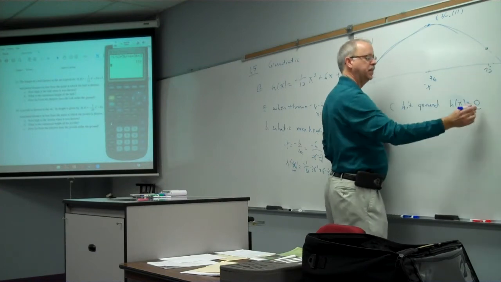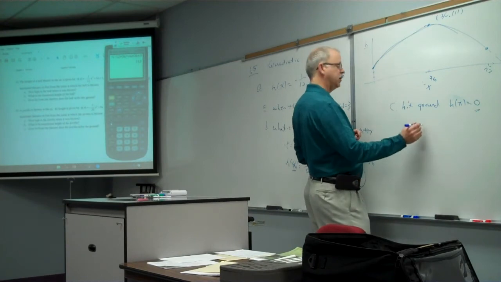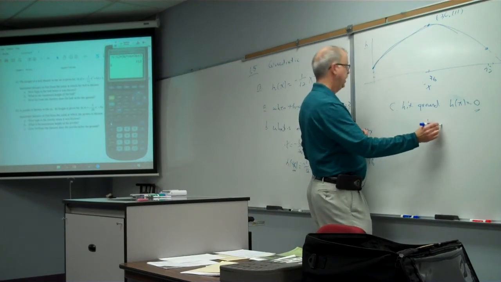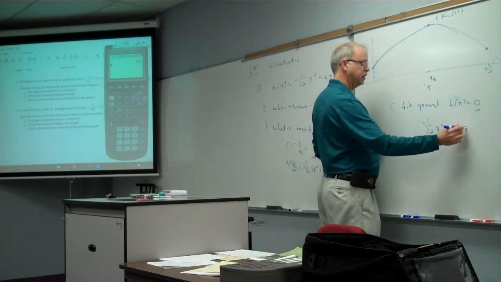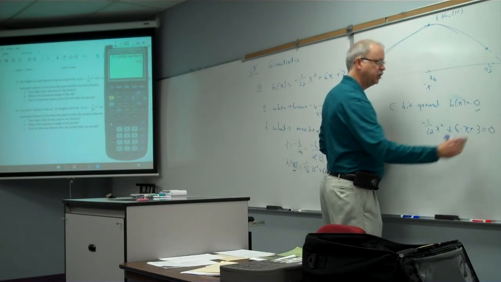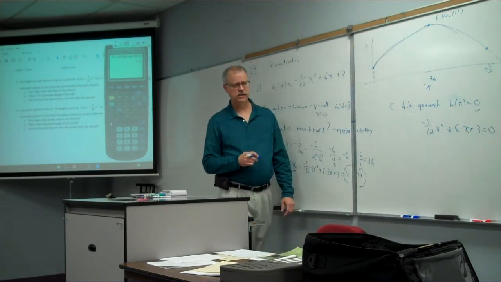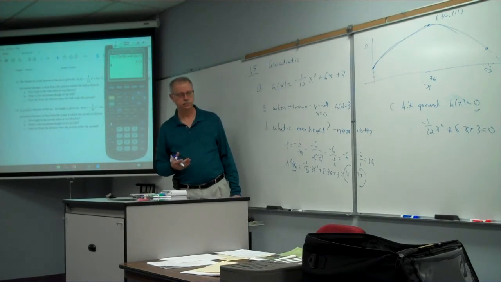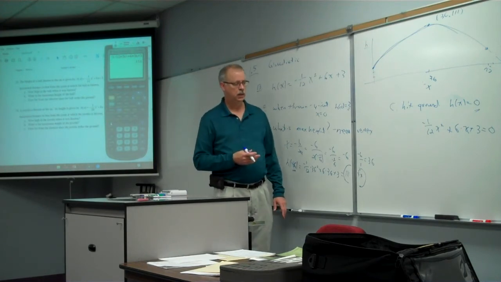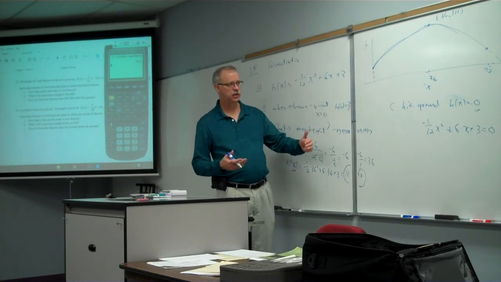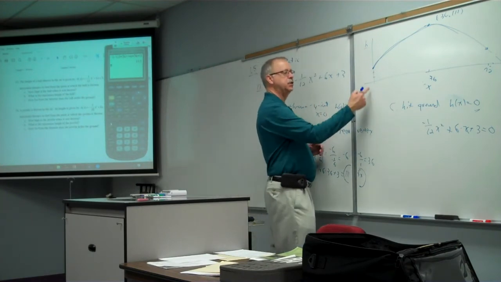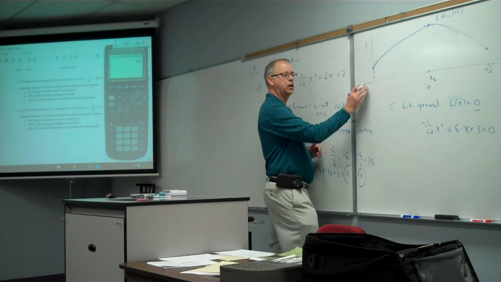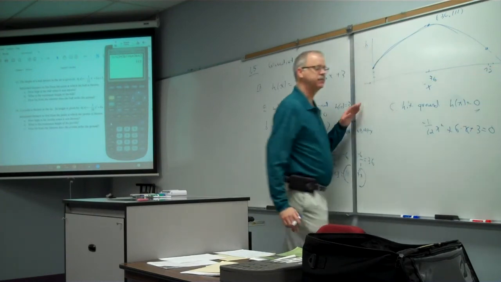But we want to know, when does it hit the ground? So we need to solve this quadratic. Negative 1/12 x squared plus 6 times x plus 3 equals 0. With the fraction in there, I really don't want to try to factor this. And also looking at this, I hit the zeros a little bit before 0 and sometime a little bit past 72.